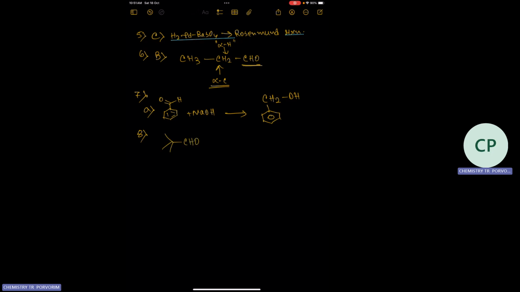This can't show aldol condensation because of the absence of alpha hydrogen.